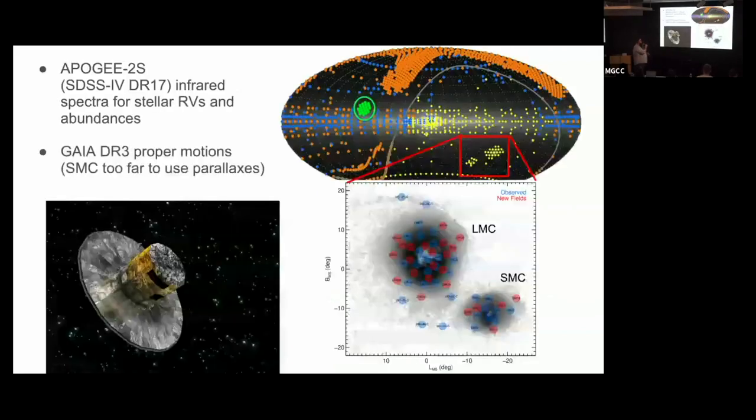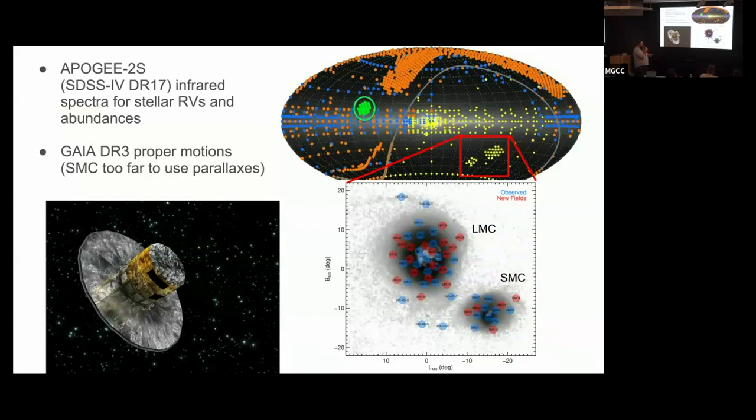The data we use is APOGEE-2 South, stellar infrared spectra, which give us very good measurements of radial velocities and abundances, and we combine this with Gaia DR3 proper motions as well.